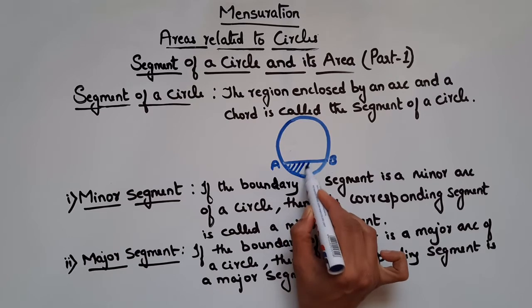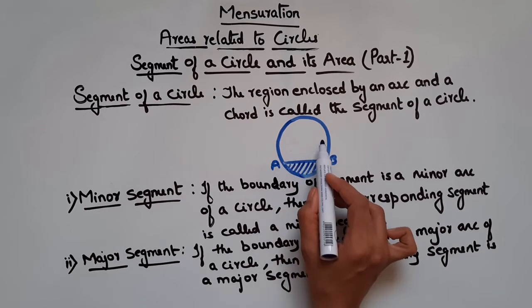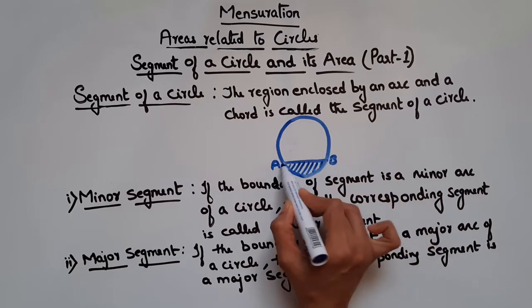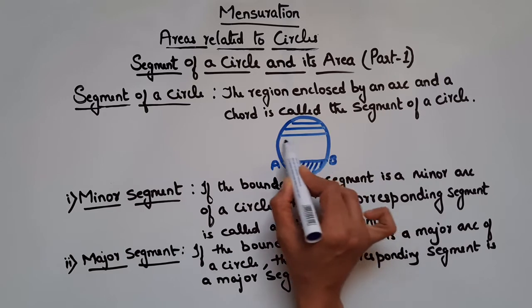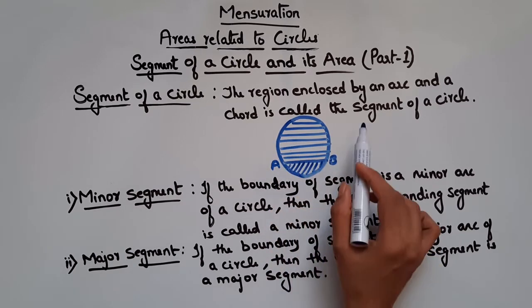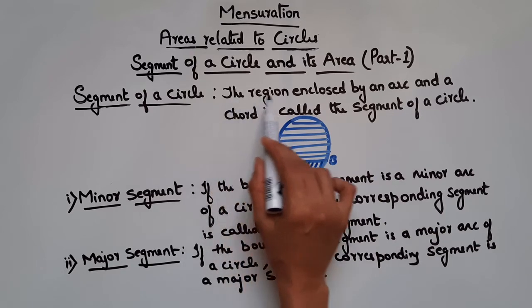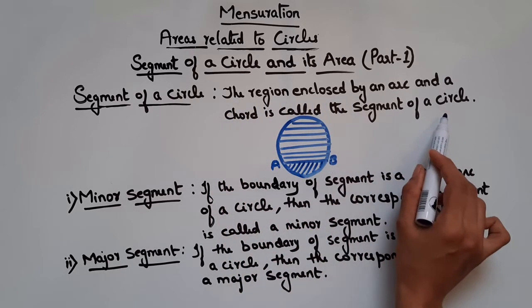So this region is called a segment of a circle. Now if you see, there is another region which is enclosed by an arc and the chord. That is this region. Agreed? So this is also a segment of a circle. Therefore, a segment of a circle is nothing but the region enclosed by an arc and the chord.